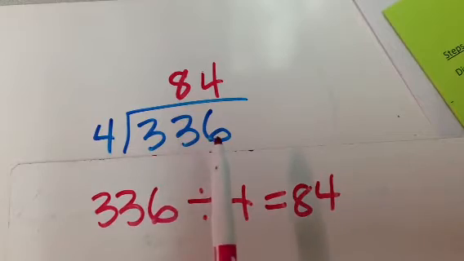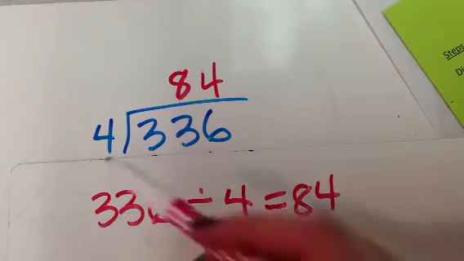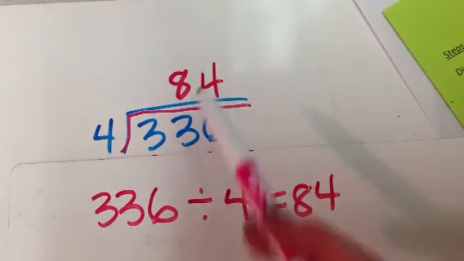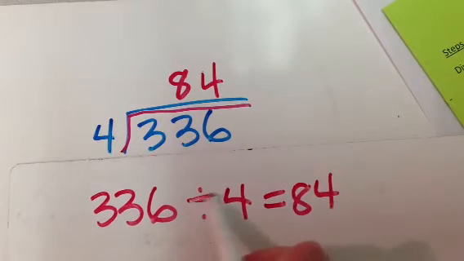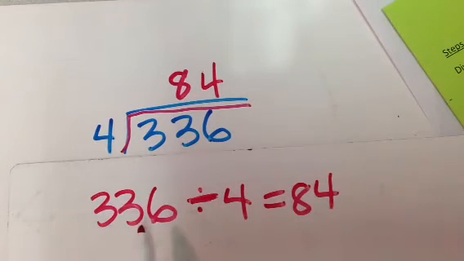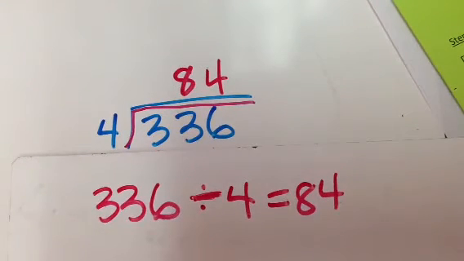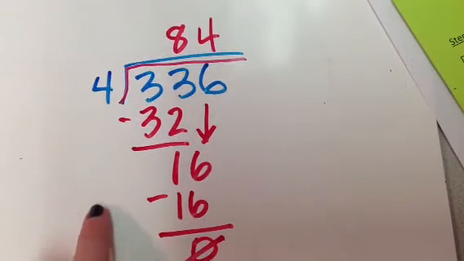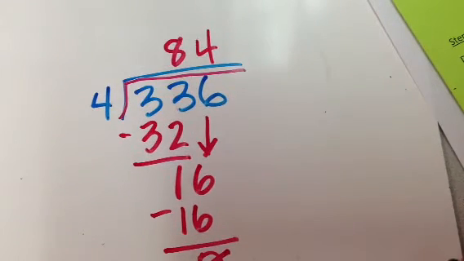So I say this one, 336 divided by 4 equals 84. And I also say divided by for this funny little symbol right here as well. 336 divided by 4 equals 84. So you can see it could be written two ways, but this is the way that is best to write it if you need to deal with it.